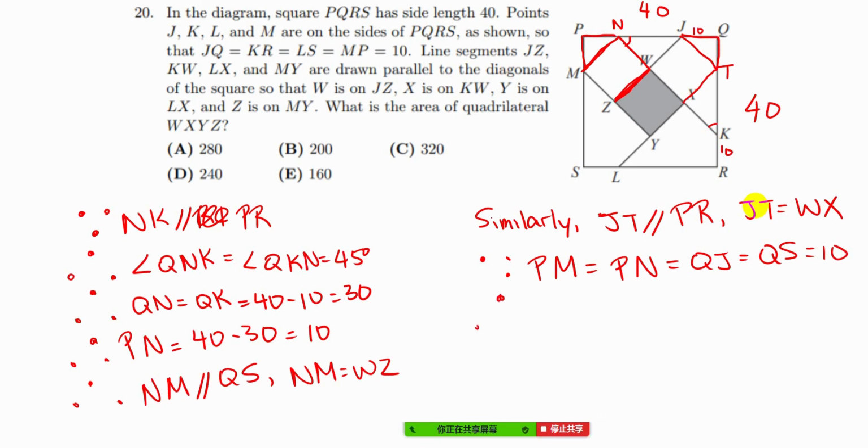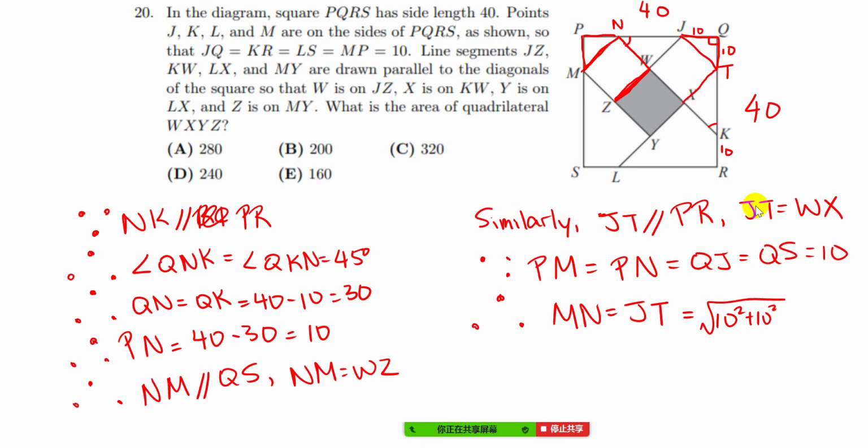So MN equals JT, which equals the square root of 10 squared plus 10 squared. We can get this from the Pythagorean theorem because we know that the four corners of a square are all right angled, and the two sides of the right angle triangle are 10.